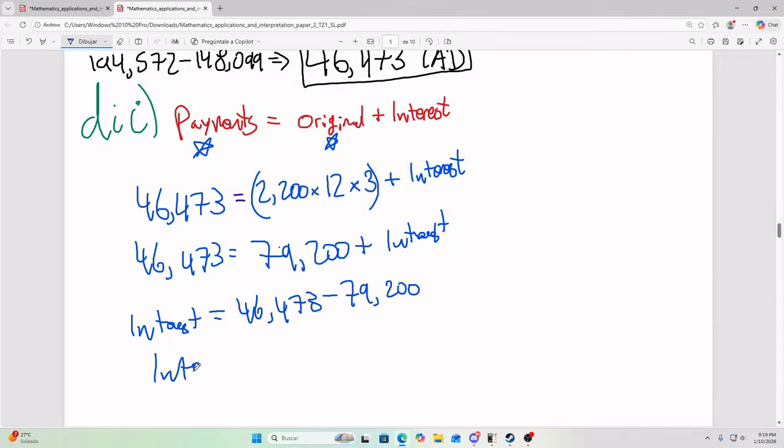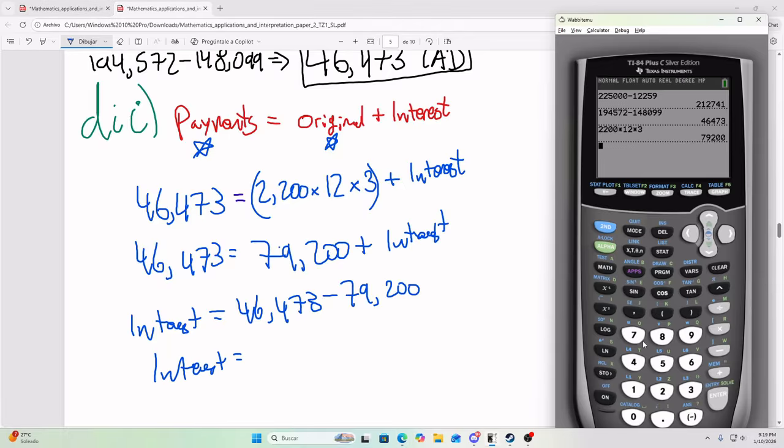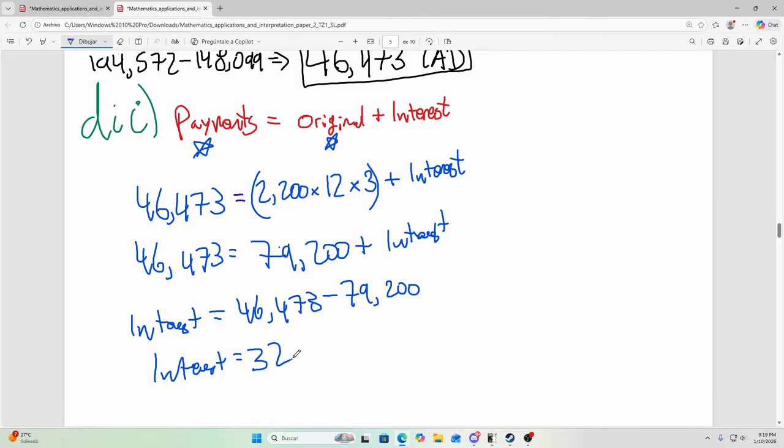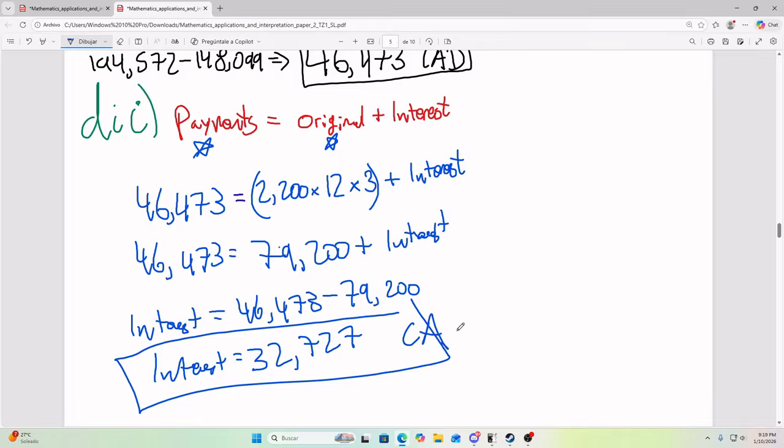I know that here it's going to give me a slightly negative value, so maybe conceptually I could have done it a little better, but it is what it is. Let's just apply the context. This minus this gives us 32,727, and so we understand that the interest had to be this amount.